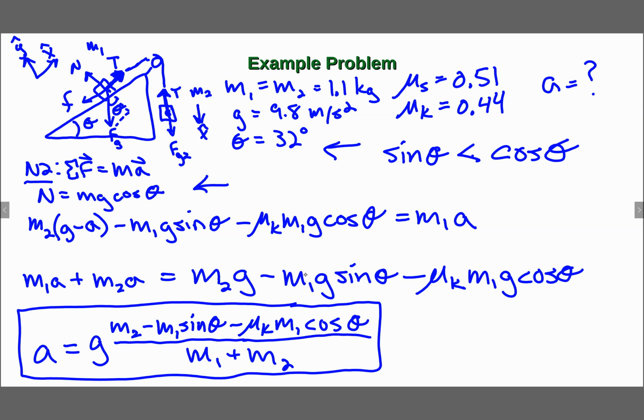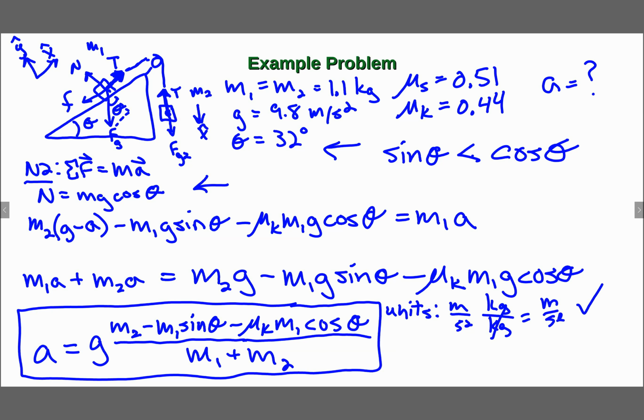So what do the units on this look like? I have meters per second squared, and then that's multiplied by kilograms on the top and kilograms on the bottom. So I end up with meters per second squared, which is the appropriate units.